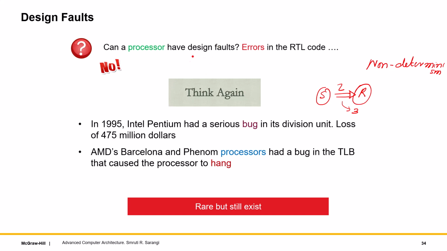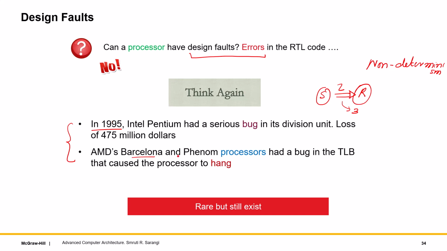But if we look at more core design faults like errors in adder or multiplier logic, they can hurt us big time, and they in fact have hurt us. In 1995, Pentium had a very serious bug in its division unit. Intel had to recall a lot of units, and in those days, $475 million, which would definitely be a billion plus today, was spent in fixing it.